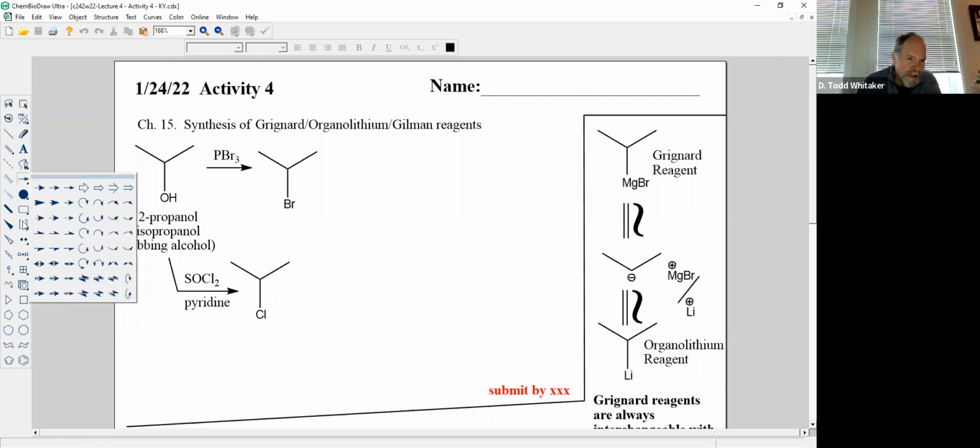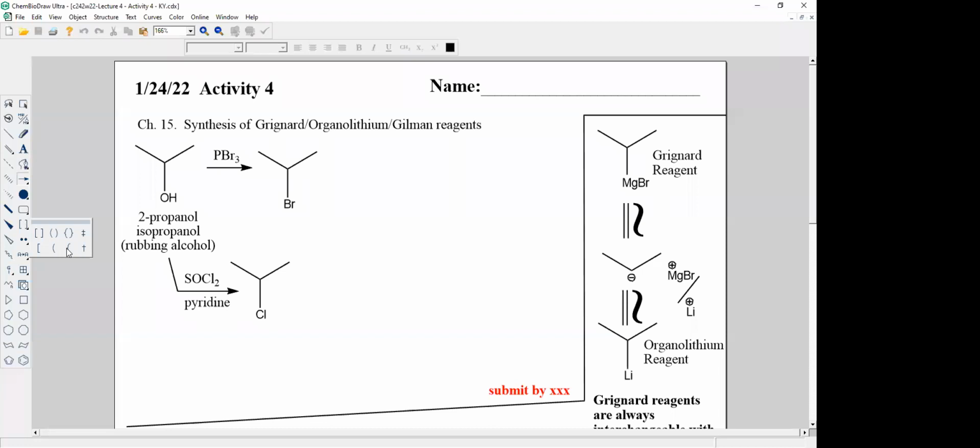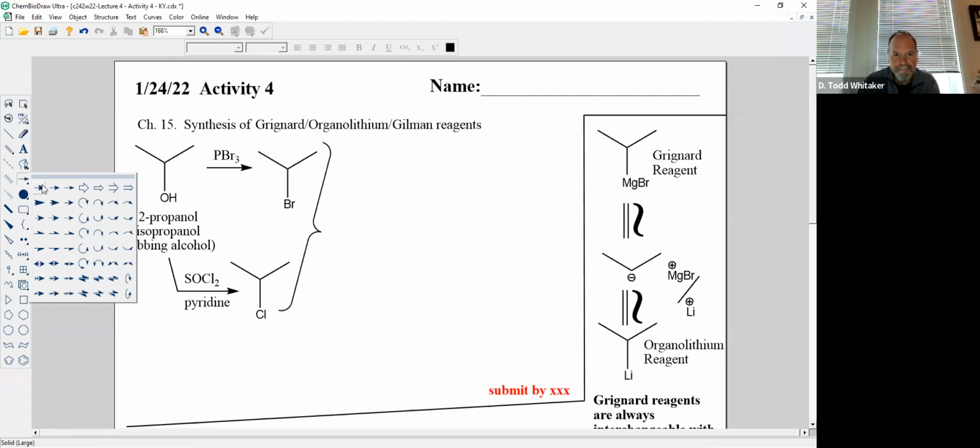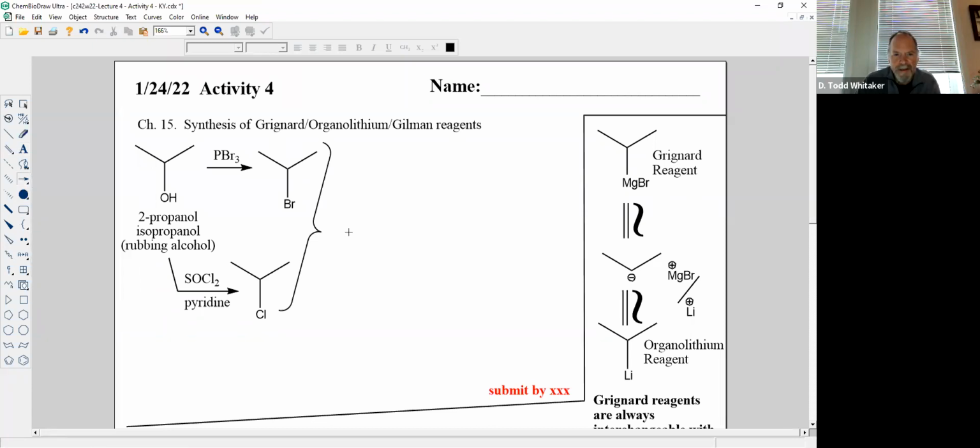So where's my parenthesis? Got a nice parenthesis right there. Let's start here and go down now. Let's start from the bottom. Doesn't matter which one. You're going to react it with, let's do it this way. We're going to cover the first two things right here.